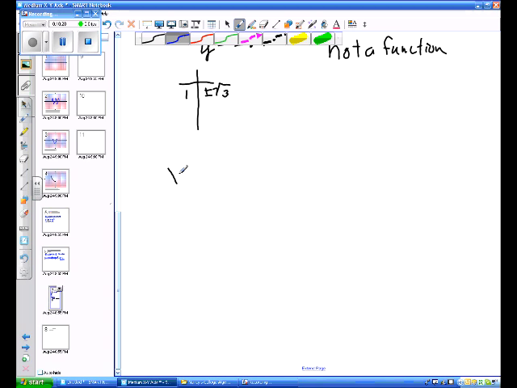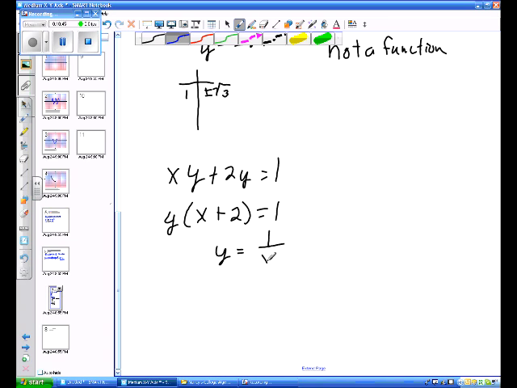Let's say we had xy plus 2y equals 1. Okay, we want to solve this for y. Well, to do that, we're going to have to factor out the y. So y times x is xy, y times 2 is 2y, equals 1. Then we can divide both sides, and we get y equals 1 over x plus 2.